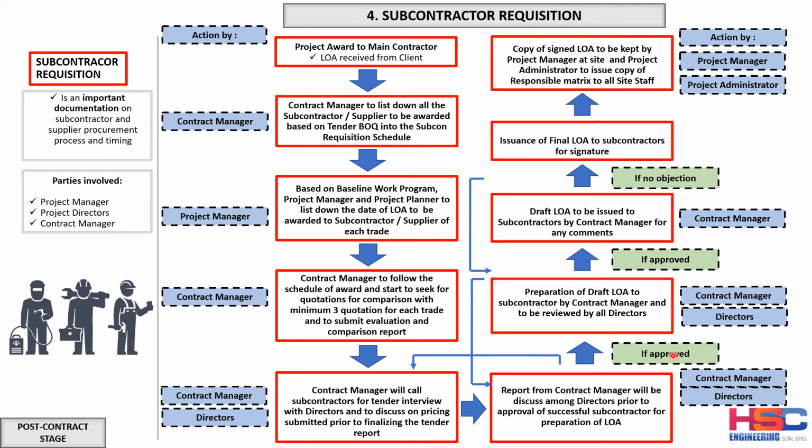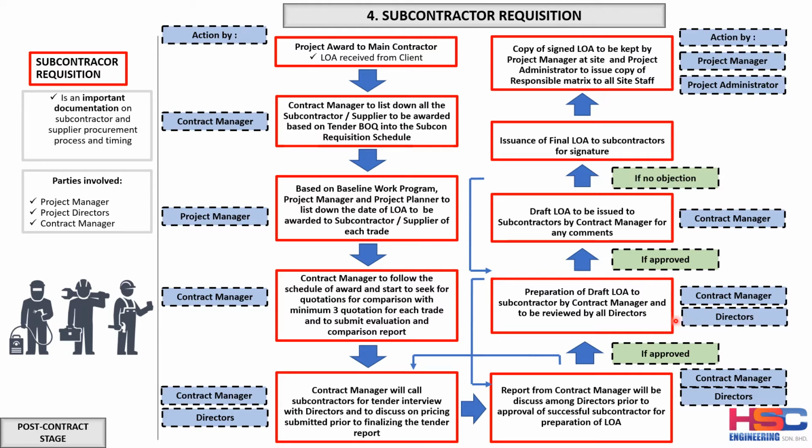If it is approved, good. If it's not approved, the contract manager will have to repeat this process and find the best solution. And once it's approved, the contract manager can prepare a draft letter of award to the subcontractor, to be reviewed by the director.